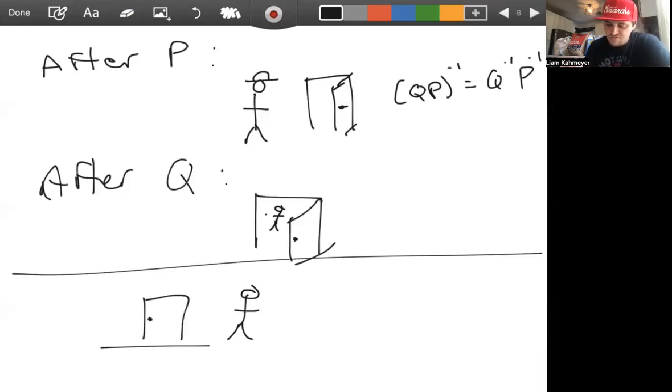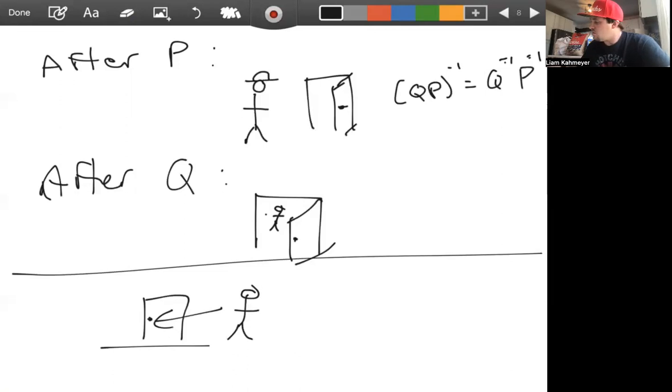Well, if the inverse doesn't flip, then I do Q first, and I try to walk into a door that's not open. And so this is just a little helpful mnemonic device to help you remember: when you switch from the product of the inverses to the inverse of the product, you also have to switch the order of the matrix multiplication.